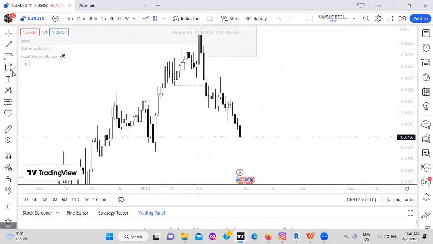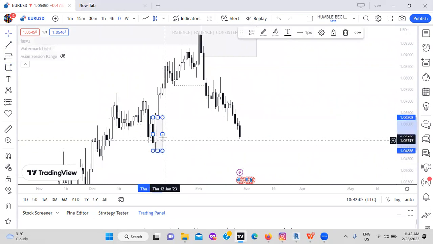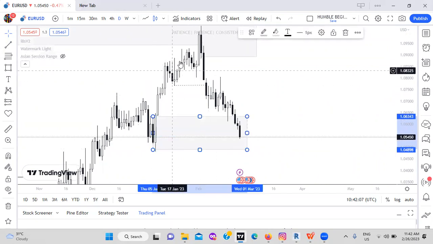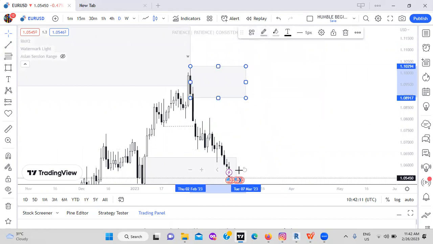However, I think it's really interesting to know that this is a really strong demand zone as well. Again, it swept liquidity and created this massive move to the upside. Let me just tag this real quick.